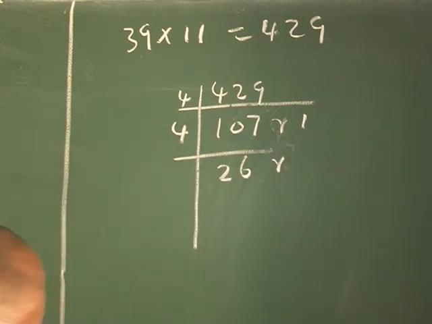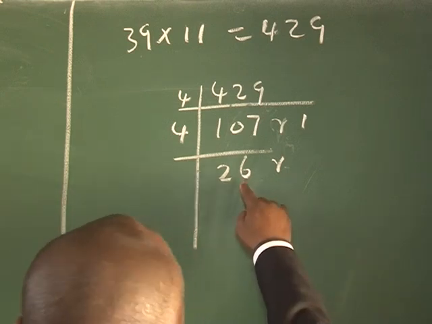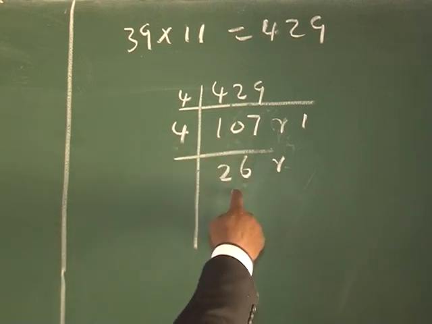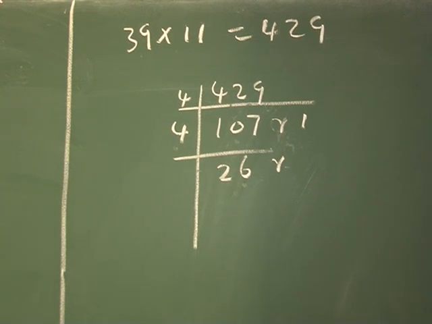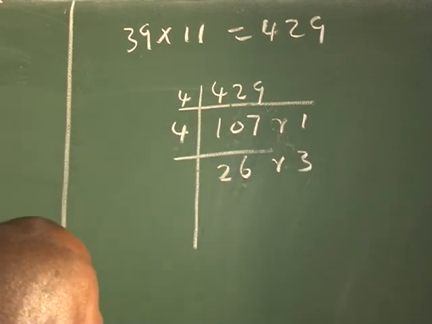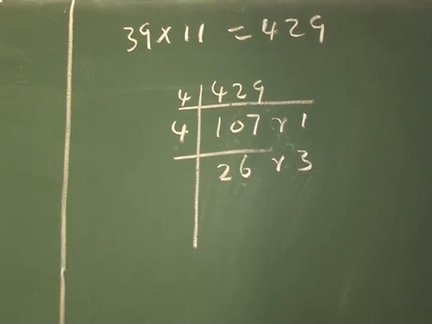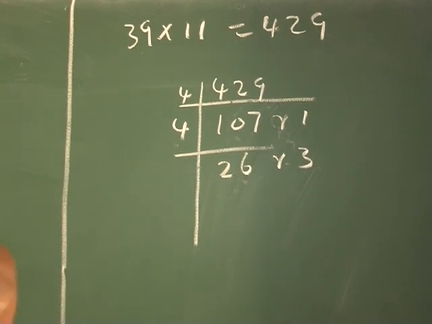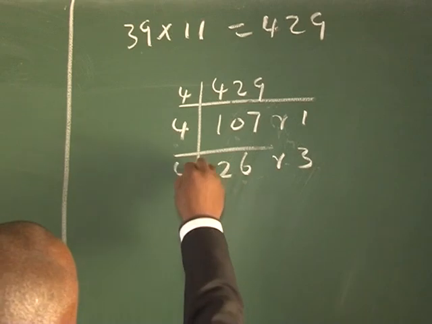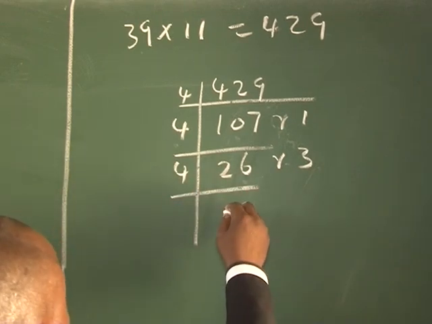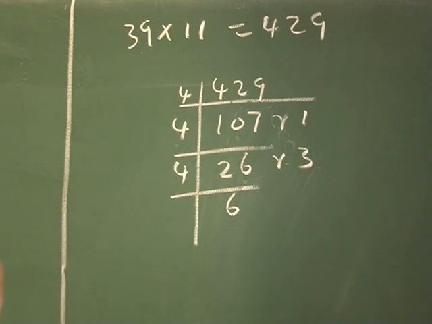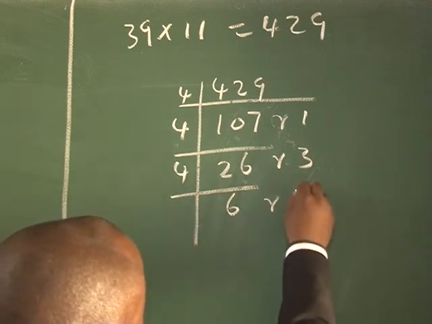Now, 26 divided by 4 will give us 6, remainder 2.